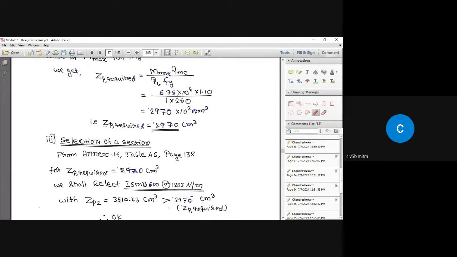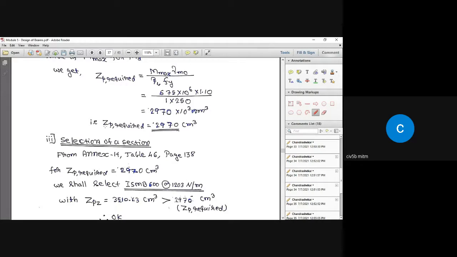Now, come back to the last but one column from the right side. So that column has plastic modulus values, ZPZ values. Okay, so we have ISWB 600, ISMB 600, then ISWB 550, etc. So if you keep going down, at some point I'm going to get ISMB 550 corresponding to that.